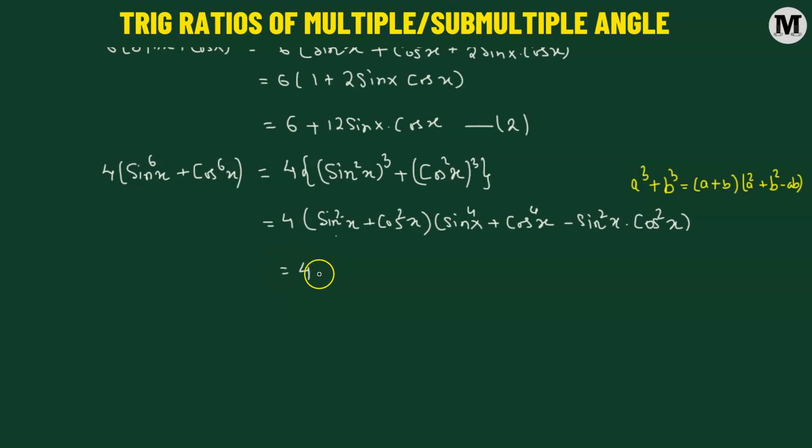So we have 4 multiplied to sine x raised to the power of 4 plus cosine x raised to the power of 4. Now what we have here is a raised to the power of 4 plus b raised to the power of 4.